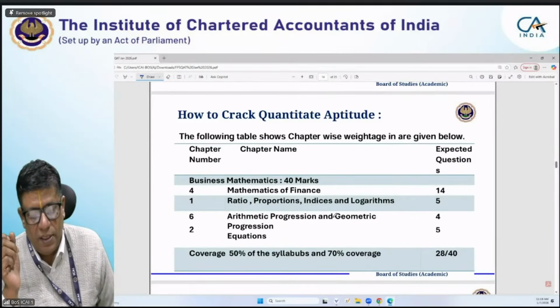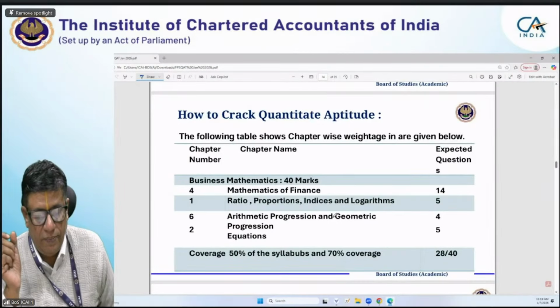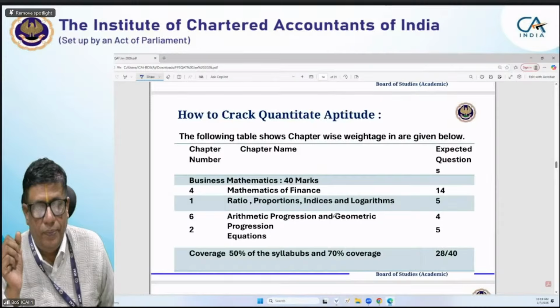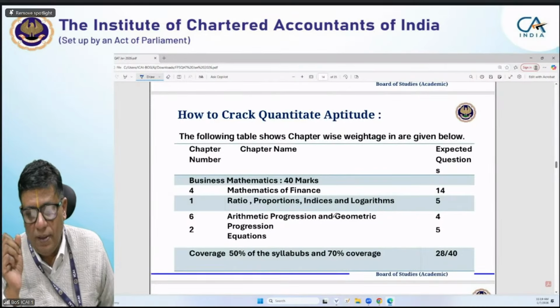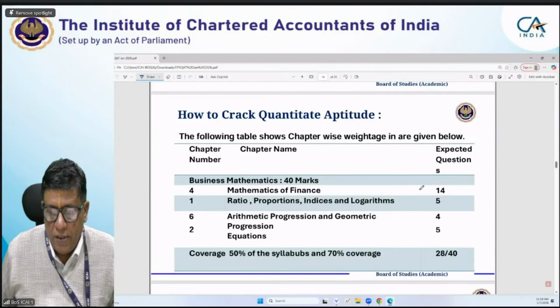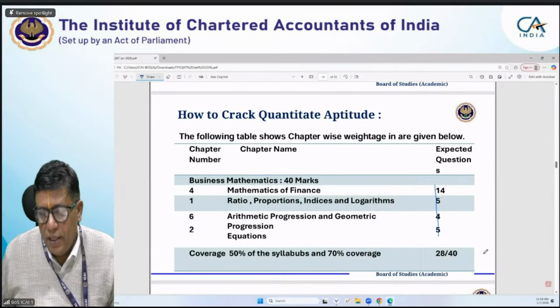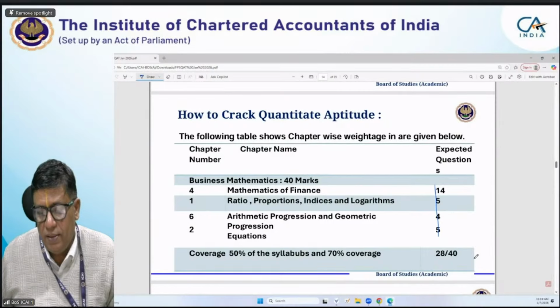Arithmetic progression and geometric progression combined, 4 questions are expected. From equations, 4 or 5 questions are expected, sometimes 5. Combining all of these is 28 by 40 questions. That means 70% of the weightage comes from these chapters.